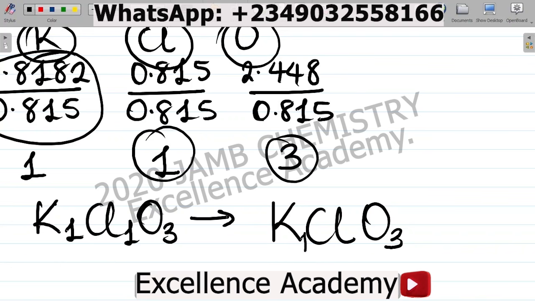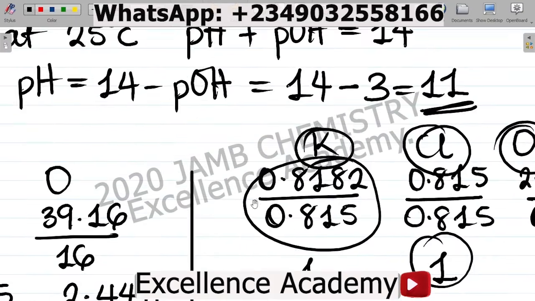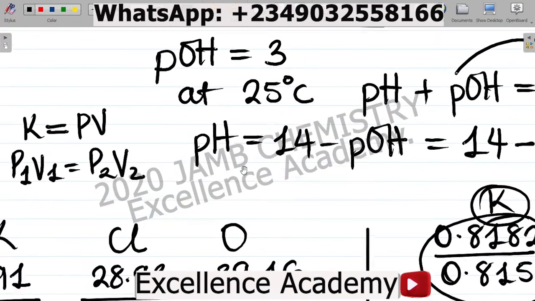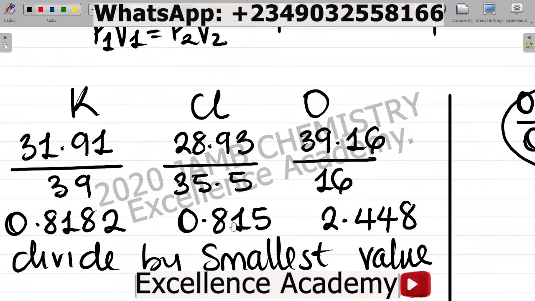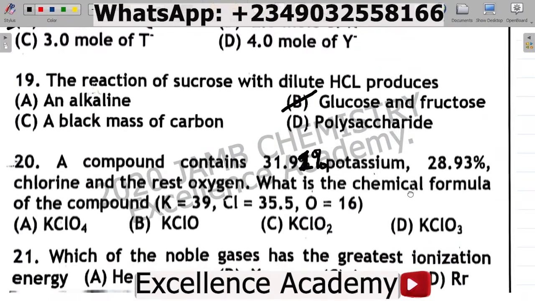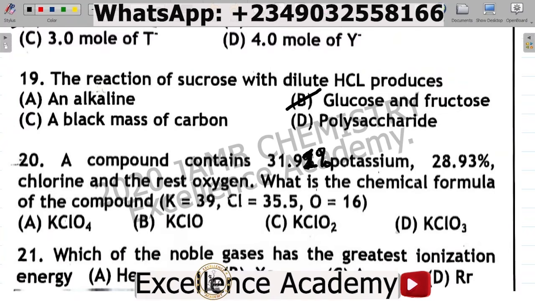There's an invisible 1 here, but we write it as KClO3. That's what you have here. So let's see which option meets this. KClO3. So looking at this, the correct answer there is D. The correct option is D, KClO3. So that's your correct answer.